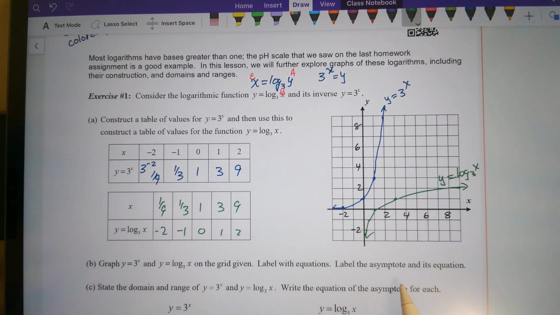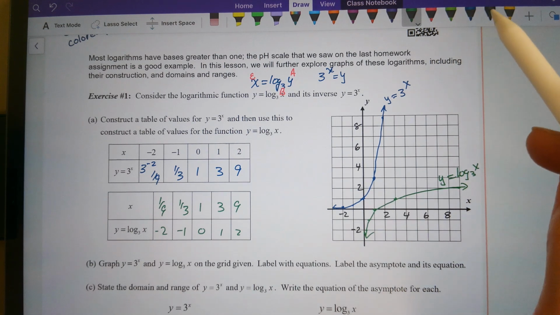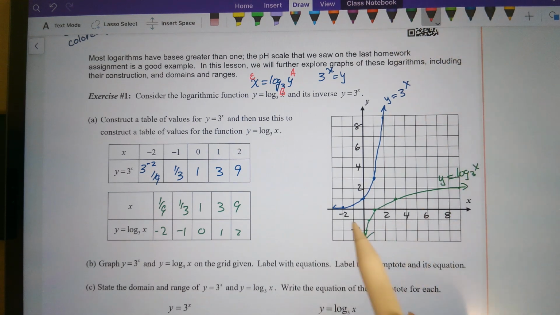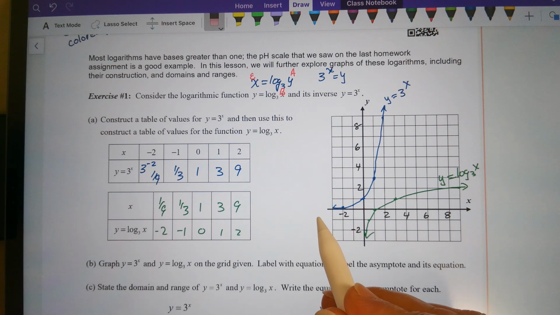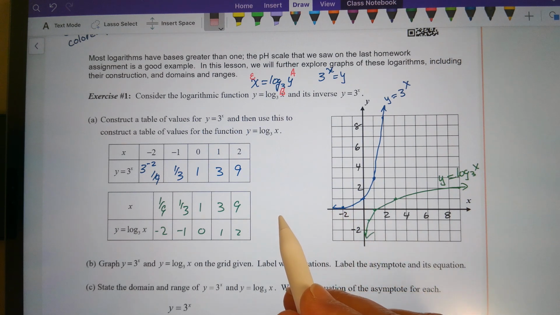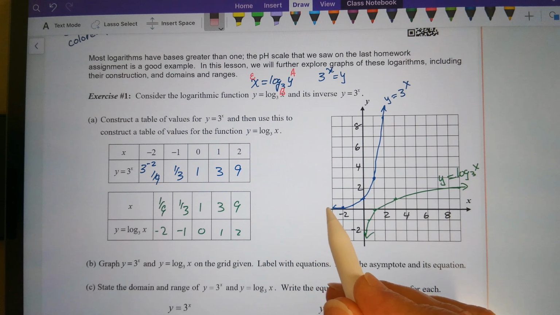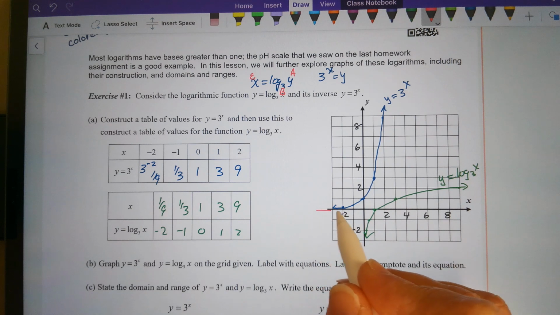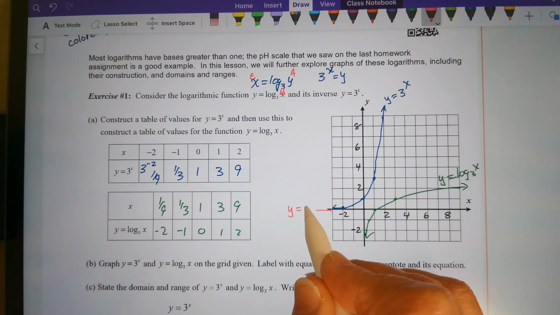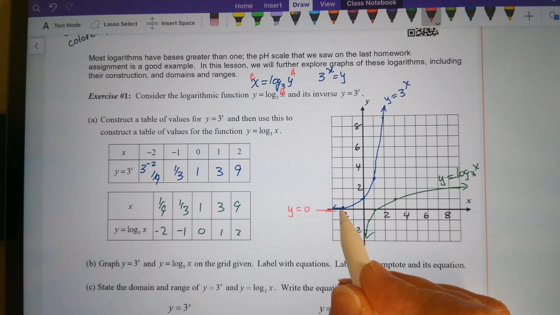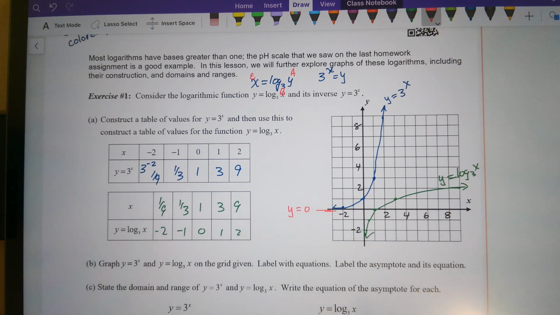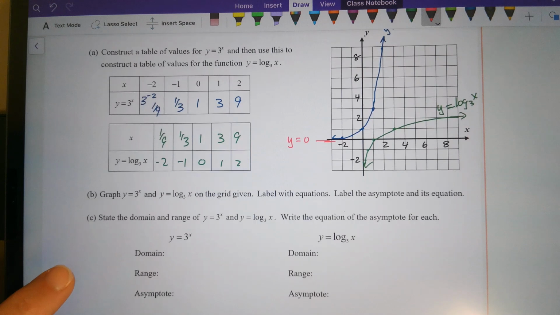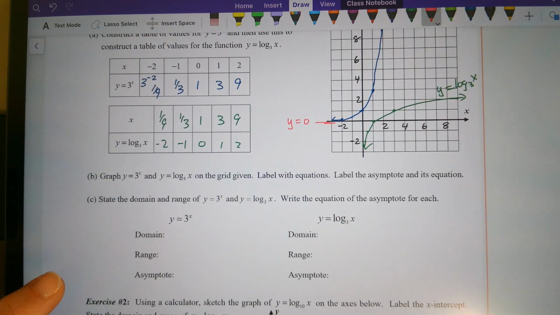So we have our exponential function and its inverse. We want to label the asymptote and its equation for each. For our exponential, as x goes out to negative infinity, y goes to 0. So this is the asymptote. This is a horizontal asymptote for our exponential y equals 3 to the x.